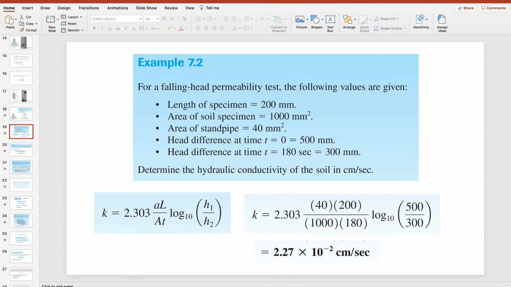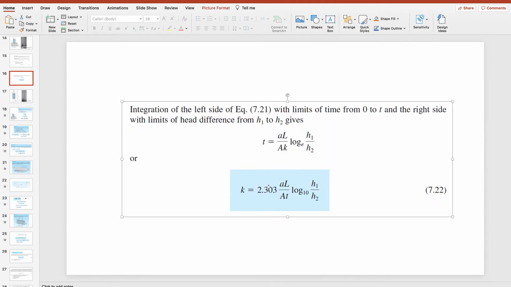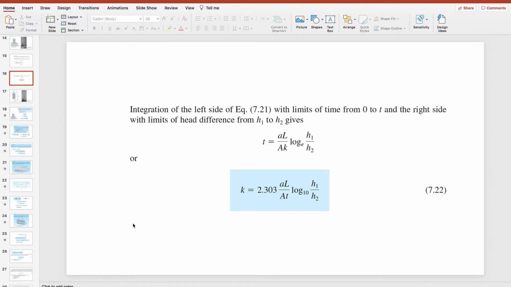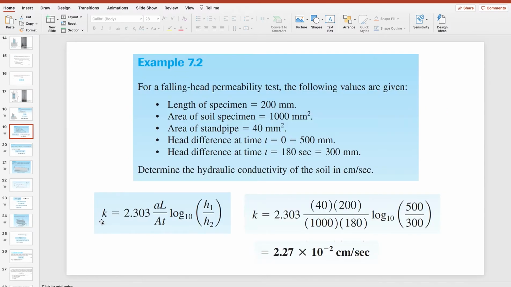Since it is a falling head test, we simply copy this equation: 2.303 aL over At log base 10 of H1 over H2. Small a is the area of the standpipe, that is 40, times the length of 200, divided by the area of the specimen, capital A, that is 1,000, times the time of 180 seconds.